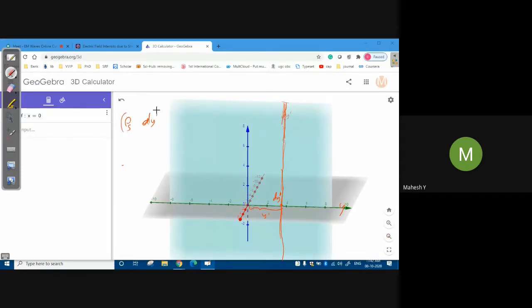If I multiply rho s into dy prime, what will it be? Is it the charge? Can I say it is the charge?